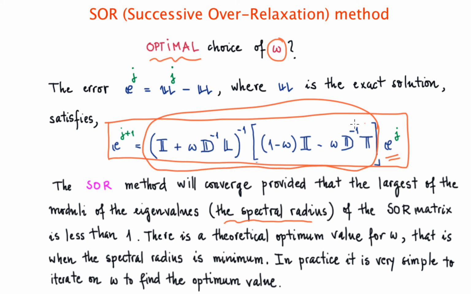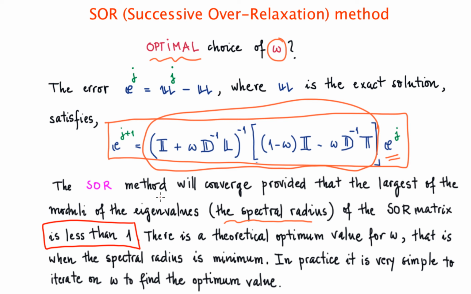So if you calculate the eigenvalues of this matrix, and this is the spectral radius, it will converge whenever that spectral radius is lower than 1. Otherwise, the method will not converge. So this gives us a criterion for the convergence of the method.